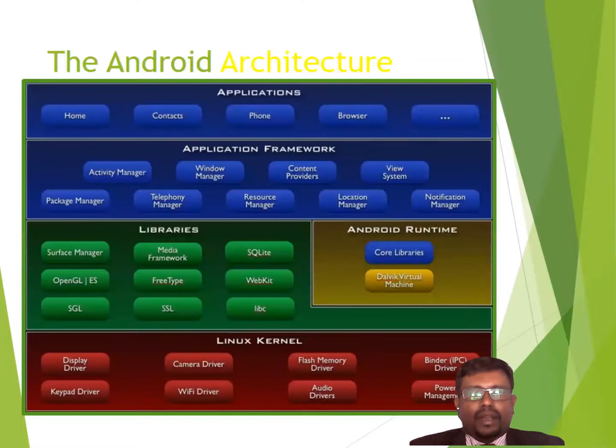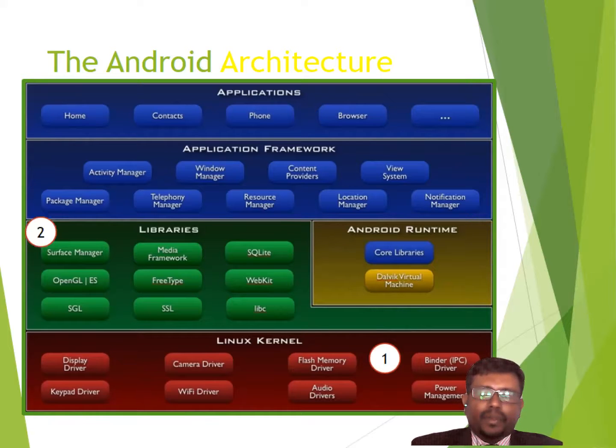Android deals with a 5 layered architecture. The bottommost is the Linux kernel layer. As we know, Android is derived from the Linux operating system, so the Linux kernel is the base of the Android architecture. Then the second layer is the libraries.